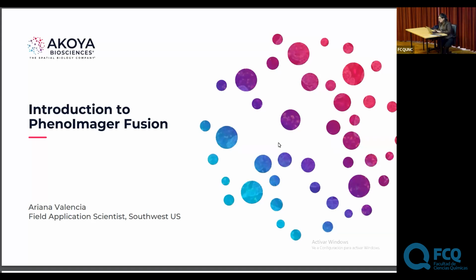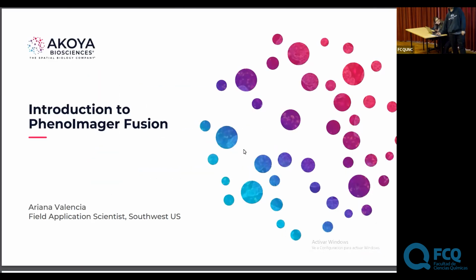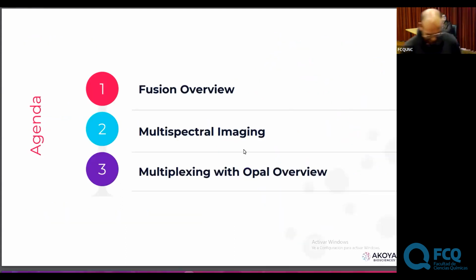So today we're going to be talking about, we're going to have a Fusion overview, and then we're going to go into multispectral imaging, and next we'll go into multiplexing with Opal overview.